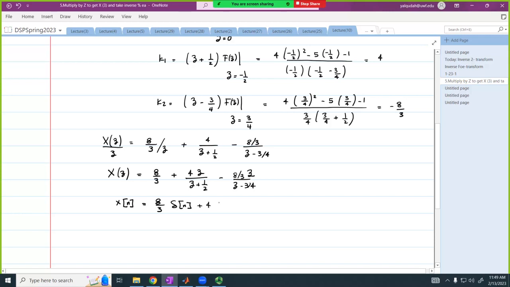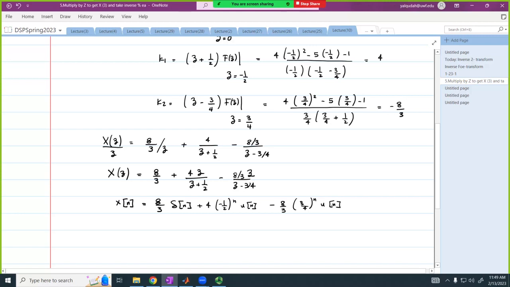It is 4 multiplied by negative 1/2 to the n, u of n. Okay. And then the third term is going to be minus 8 over 3 multiplied by 3 over 4 to the power of n multiplied by u of n.